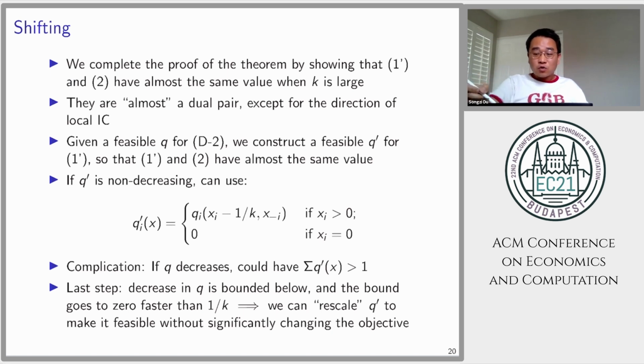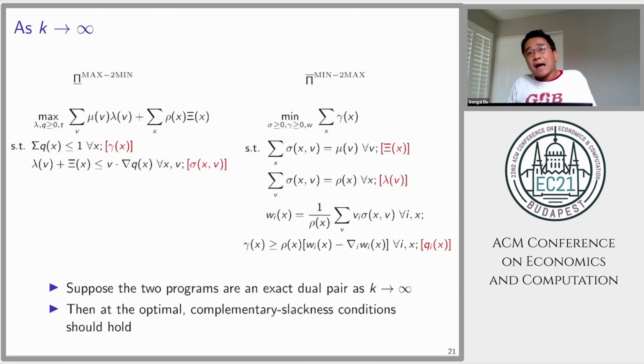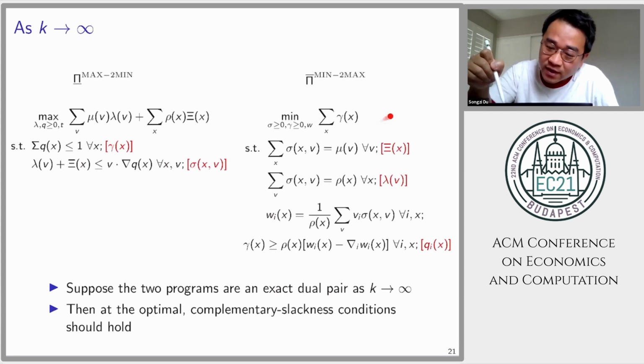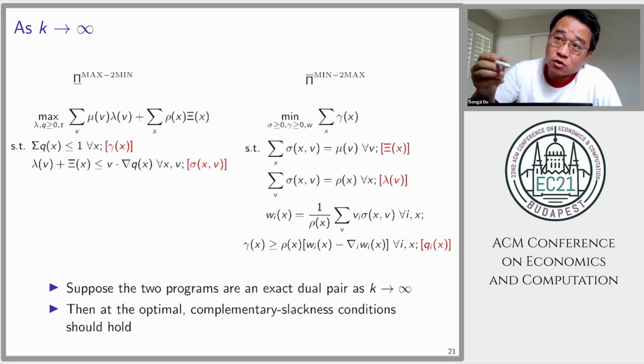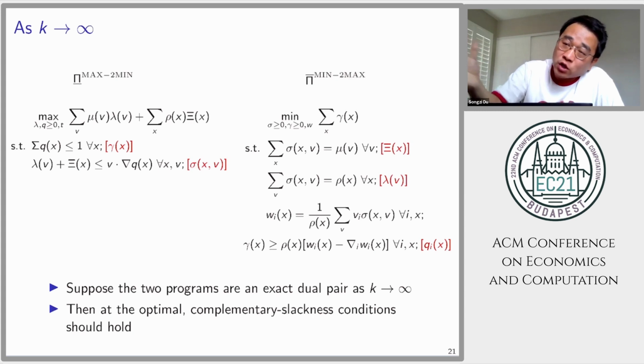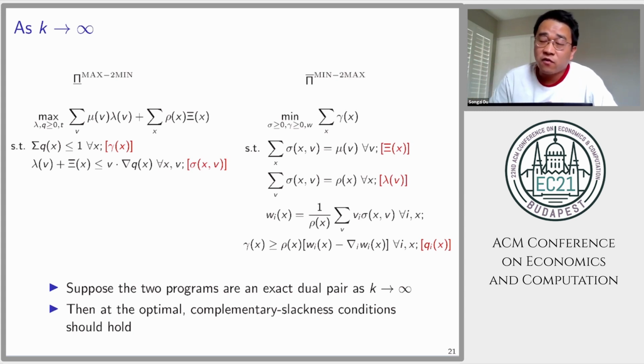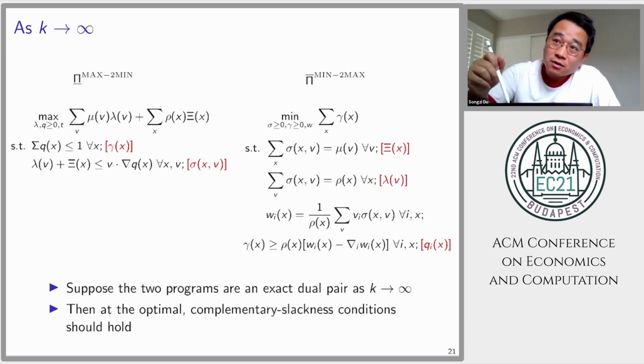Okay, so really the takeaway is that as k goes to infinity, these two relaxed problems are the following. On the left-hand side, we have a relaxed problem for the seller's robust auction design problem, solving max to min. On the right-hand side, we have the problem of nature solving min to max, trying to design the worst-case information structure.